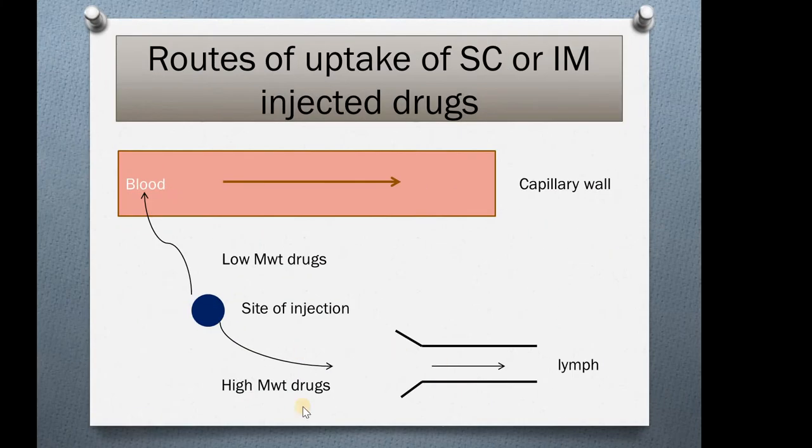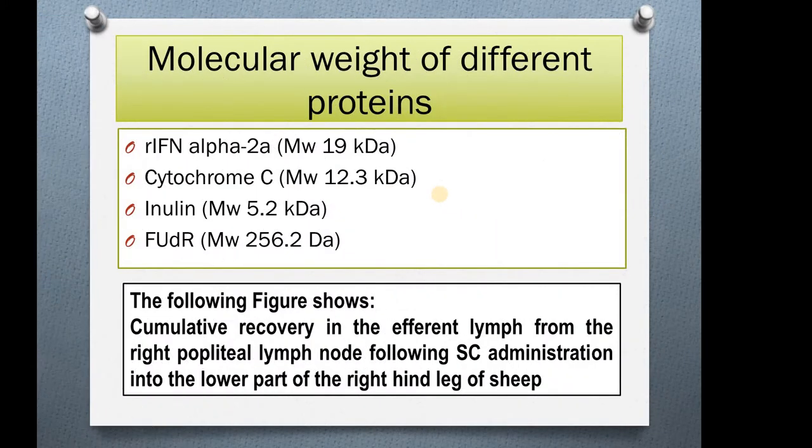So depending on molecular weight at the site of injection, a high molecular weight drug will go to the lymph, while a low molecular weight drug can pass the capillary wall and go directly to the circulation at the site of action.